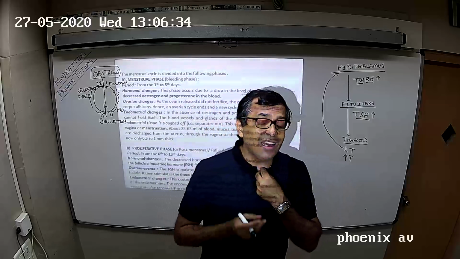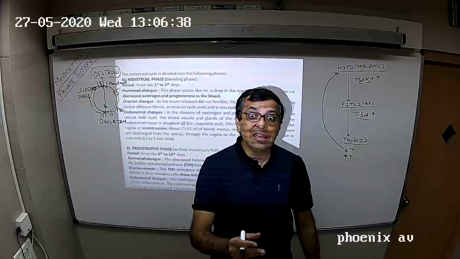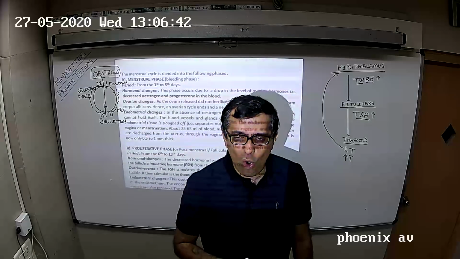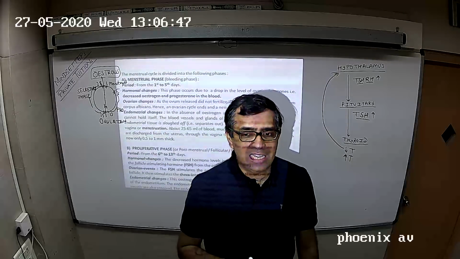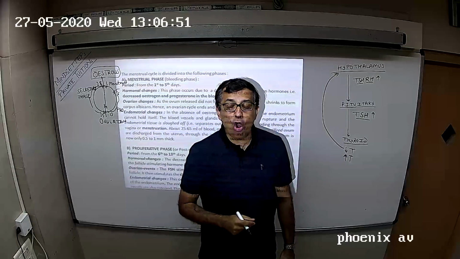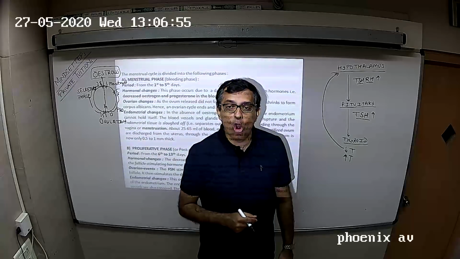You have heard that if excessive thyroxine is secreted from the thyroid gland, that is very dangerous. It produces a disease called exophthalmic goiter. Exophthalmic: eyeballs is called ophthalm. Study of eyes is called ophthalmology.